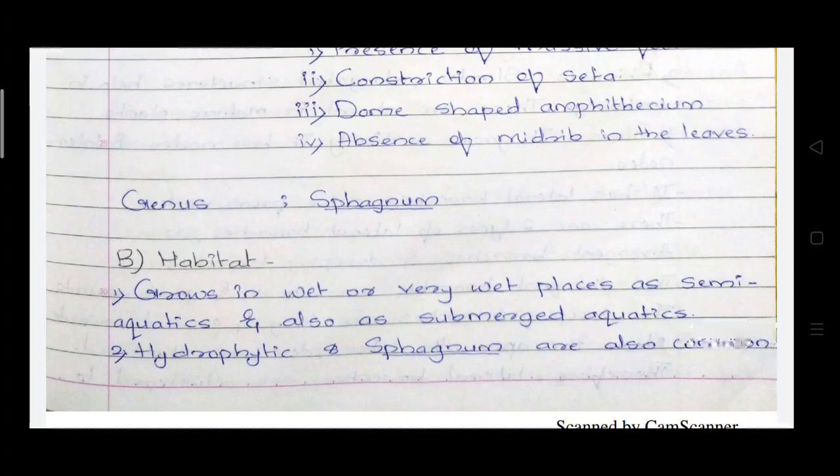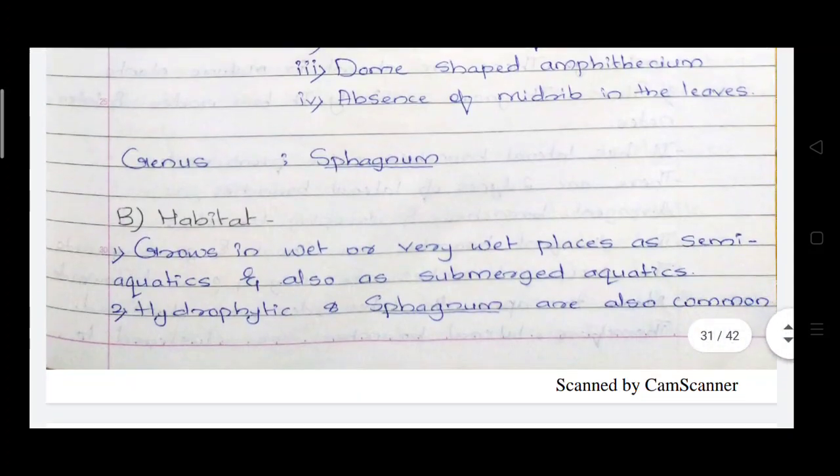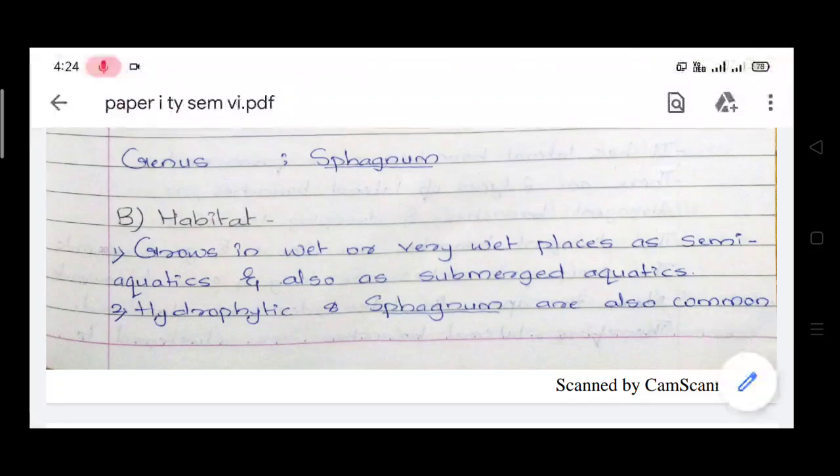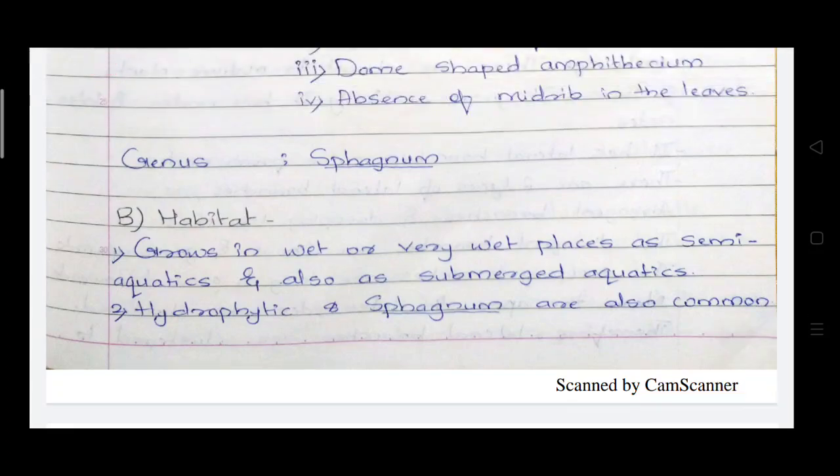These Sphagnum plants mostly grow in wet or very wet places, as semi-aquatic and submerged aquatic plants. That means in aquatic conditions, the peat moss or Sphagnum plant is observed, which is somewhat semi-aquatic or sometimes submerged aquatic.